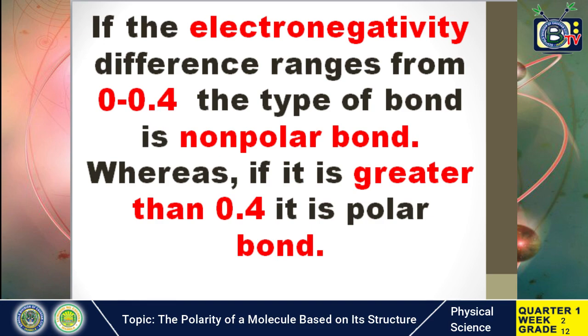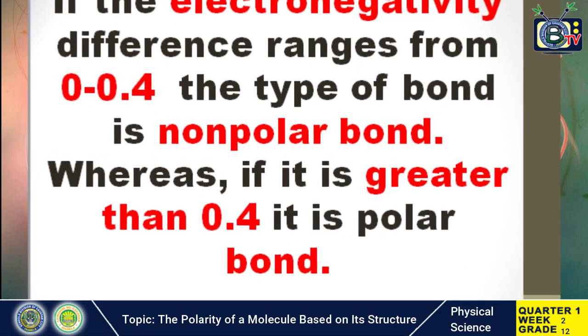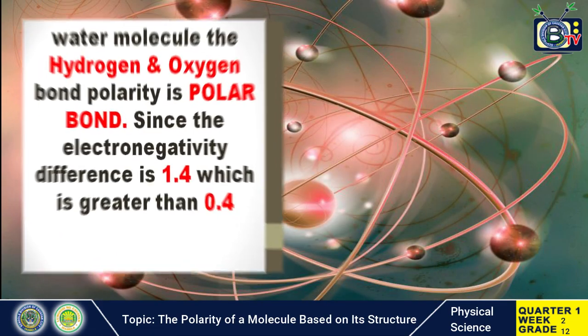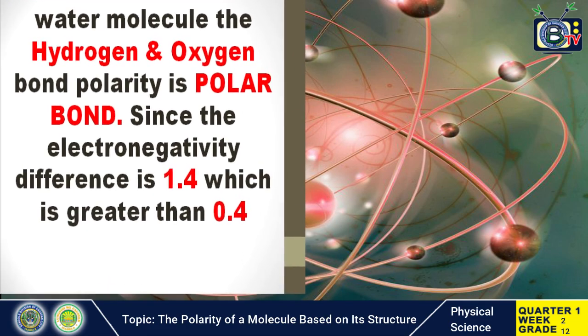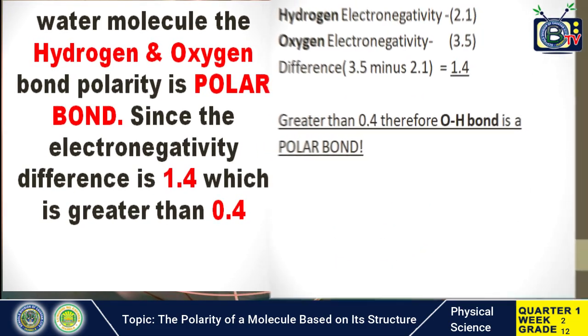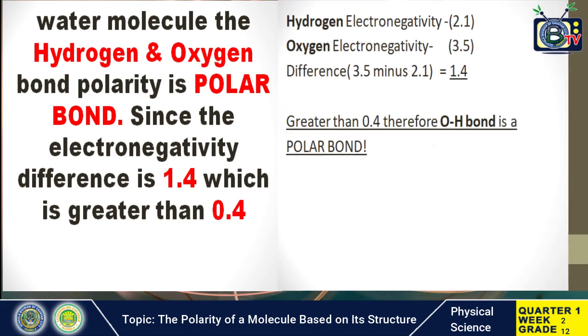Whereas, if it is greater than 0.4, it is polar bond. So, for water molecule, the hydrogen and oxygen bond is polar bond, since the electronegativity difference is 1.4, which is greater than 0.4.